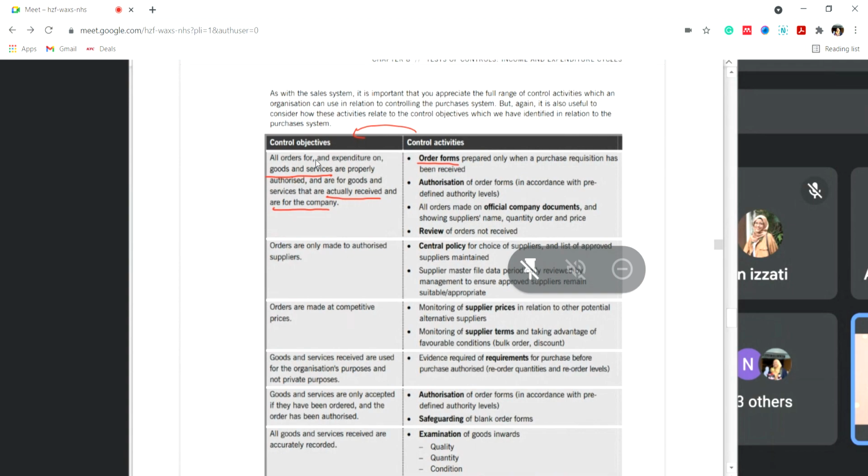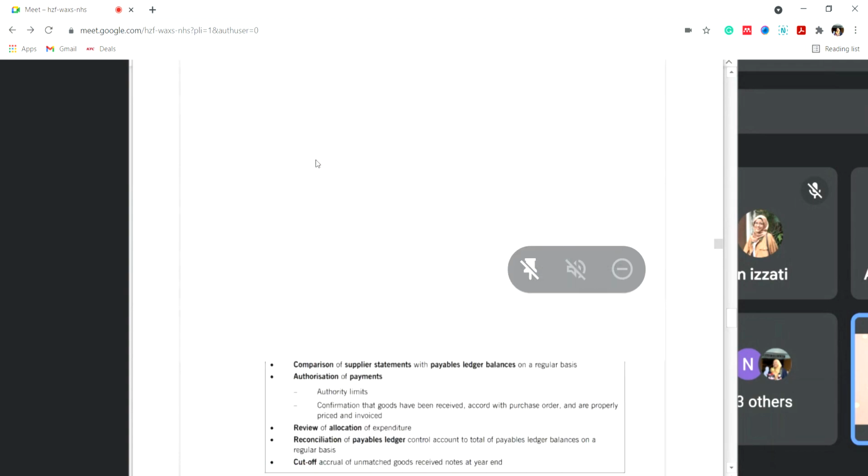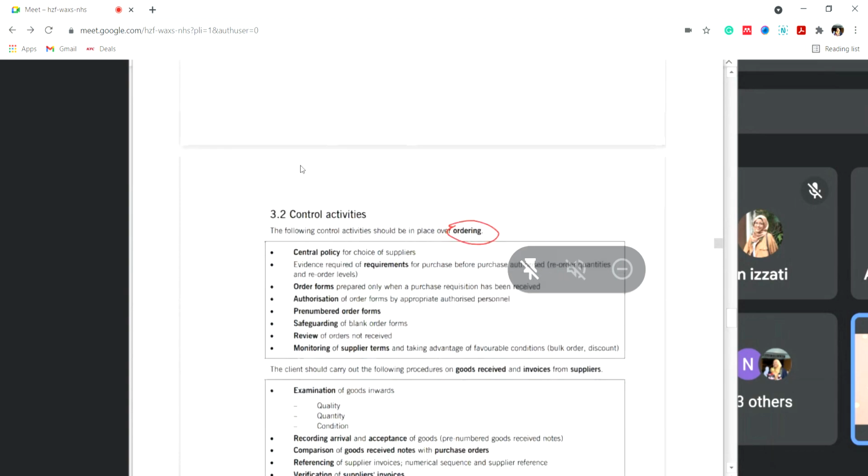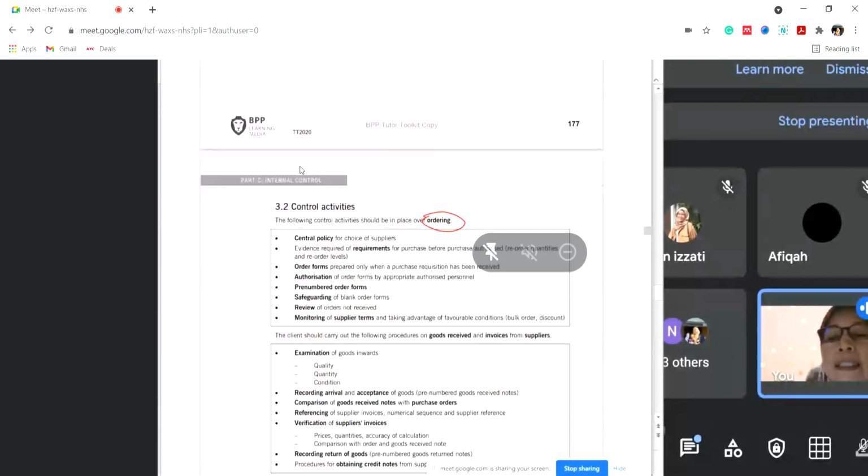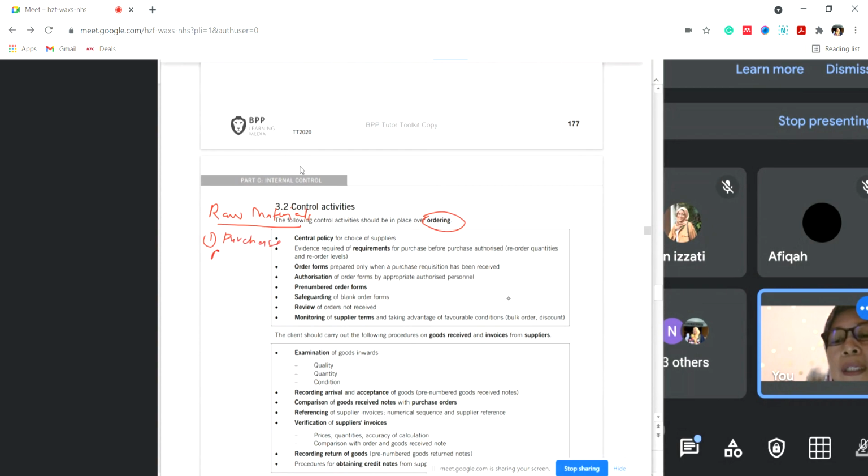So what is the first process for the company to order, let's say, the raw material just now? First, you must fill up the purchase requisition form.